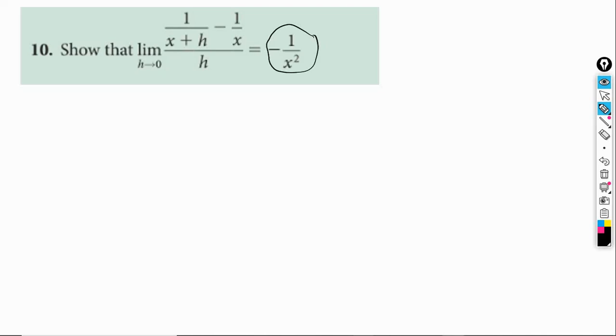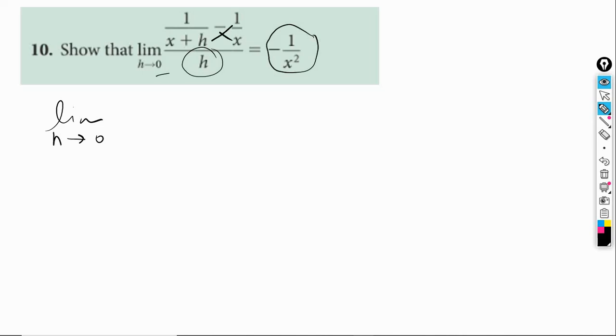In this case, we don't have to plug in the 0 because, again, it's going to become undefined. And what we need to do is manipulate this algebraically. So let's do that. Limit of the function as h approaches 0. And I'm going to start working on this as we go. So let's cross multiply, right?